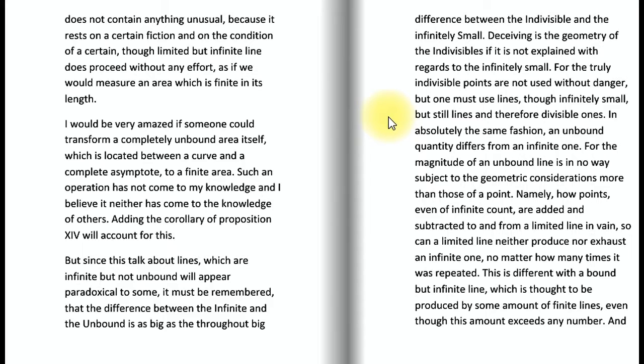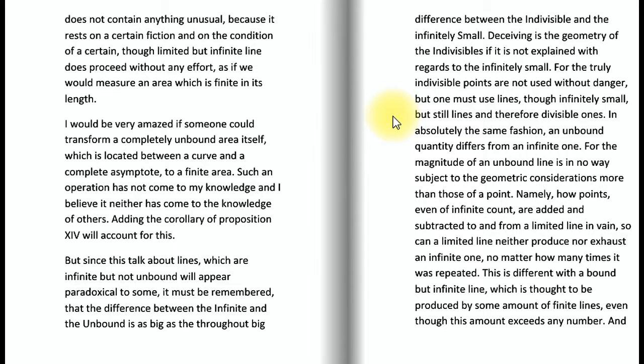But since this talk about lines which are infinite but not unbound will appear paradoxical to some, it must be remembered that the difference between the infinite and the unbound is as big as the difference between the indivisible and the infinitely small.